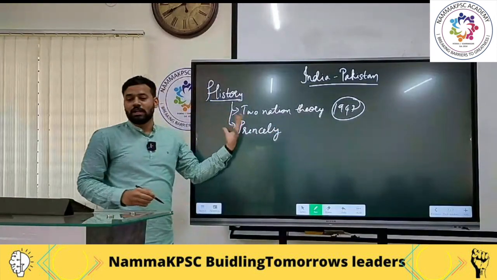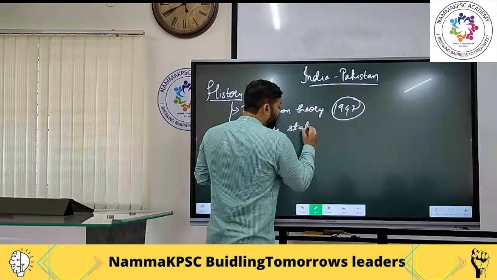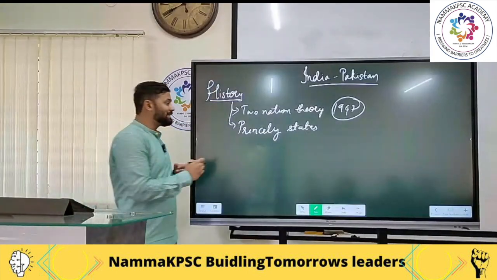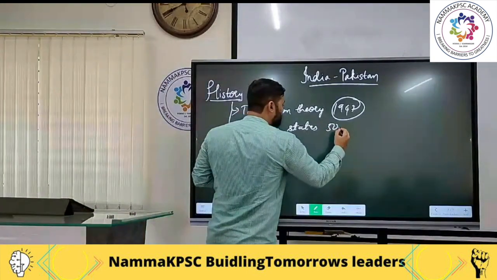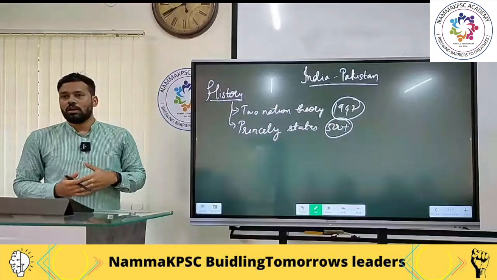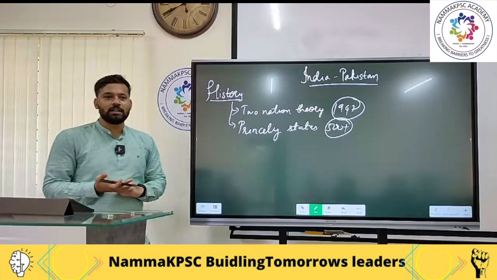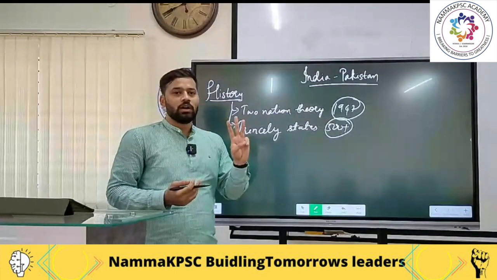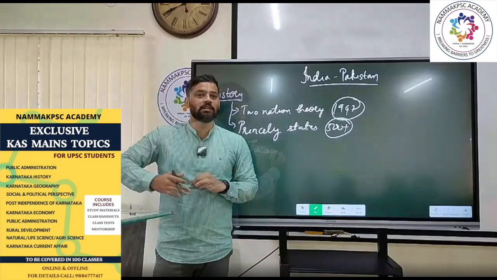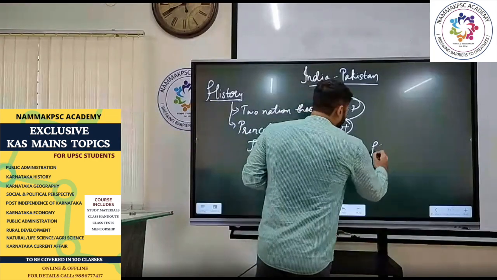Why are you telling about princely states, sir? During the time of partition, there were 500 plus princely states, and most of them were ready to submit to India and they joined the Indian Union. But there were three princely states which were not willing to join India. Which are the three? Junagadh, Hyderabad, and Kashmir.